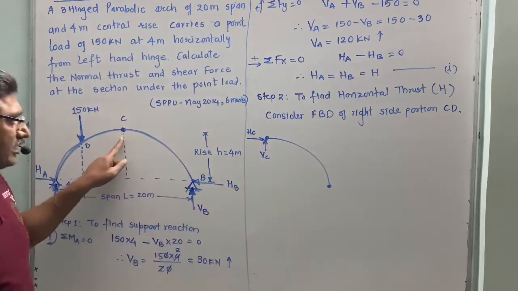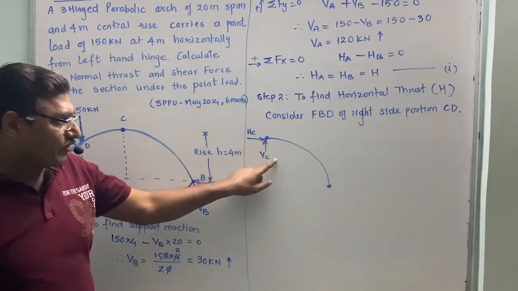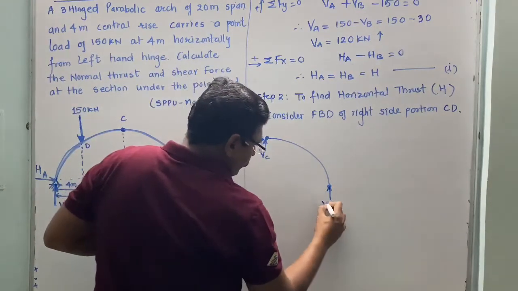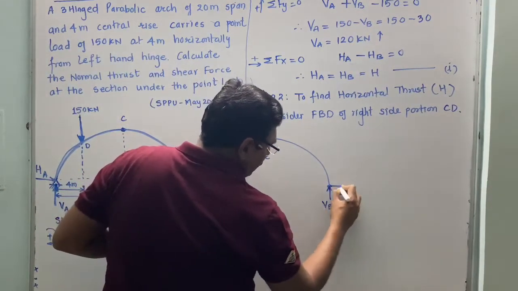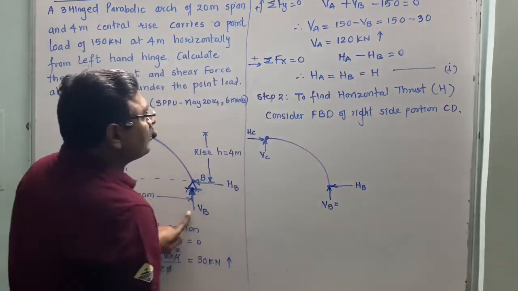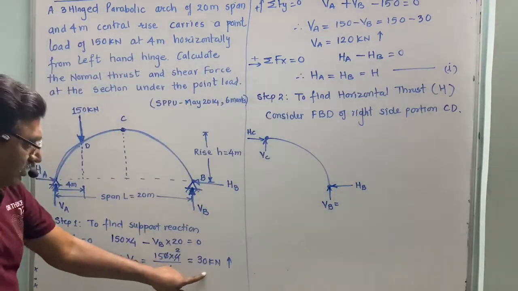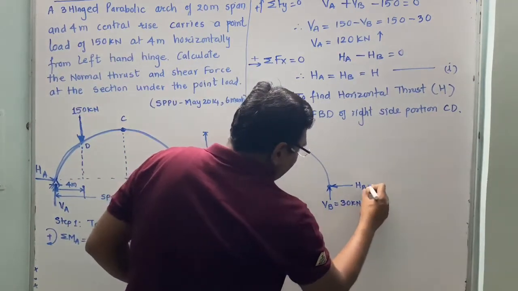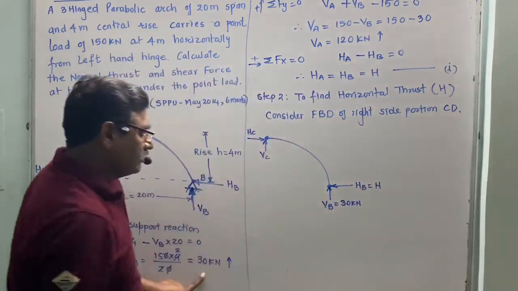This is the internal hinge. A hinge has two reactions, horizontal and vertical, and this is already our external hinge support with VB and HB. VB is known to us. VB we already calculated, that is 30 kilonewton, and HB is equal to, we can say, H.